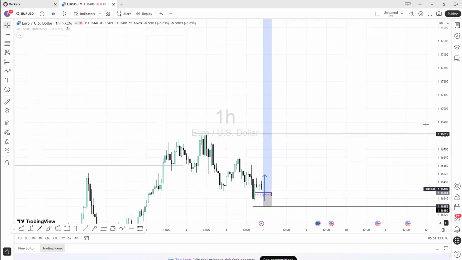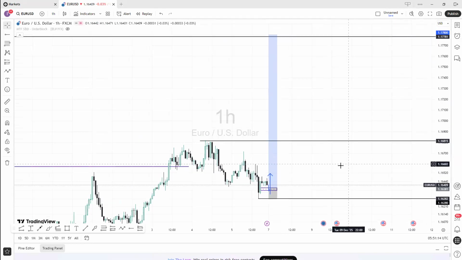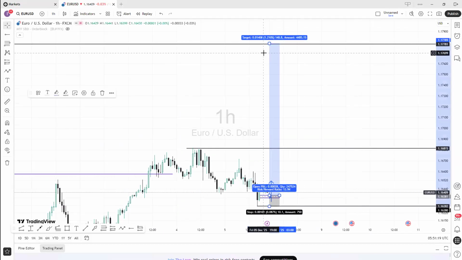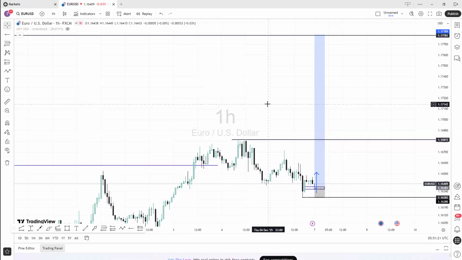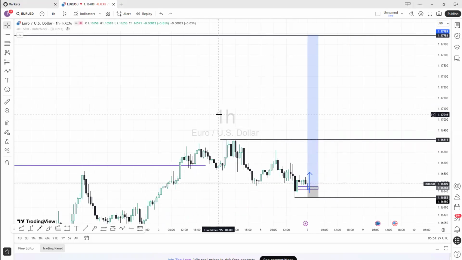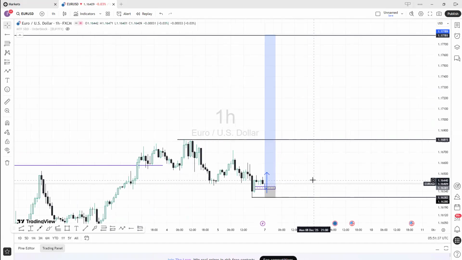Okay, so that is it on Euro USD for next week. It is very, very clear. When you enter Euro USD, you are supposed to hold that trade until it reaches the take profit area.